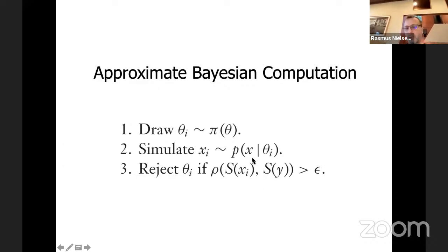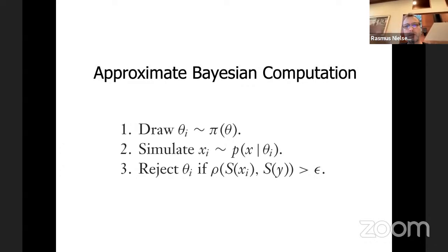But the major take-home message is that what you're doing here is basically simulating data. And then you ask, does my simulated data look like the real data? If it does, then you think the values of the parameters you simulated your data under might be good values. But if you simulate some data that's very different from the real data, then you don't believe that the model you simulated your data under is a good model.